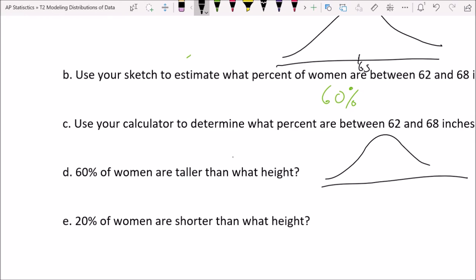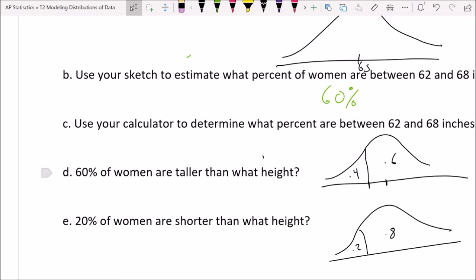And 60%, so if I went from the center of the distribution, 50% would be on the right and 50% would be on the left. So it's going to be some height in here such that this area is 0.6 and this area is 0.4. And let's draw a picture for the last one as well. And so this says 20% of women are shorter than what height? So I want the shorter side to be a 0.2 on that one and a 0.8 on the right.